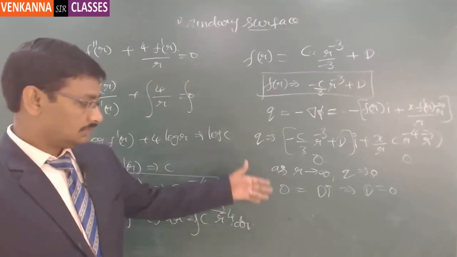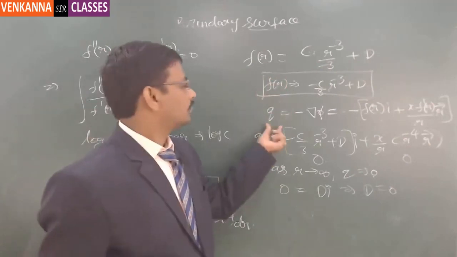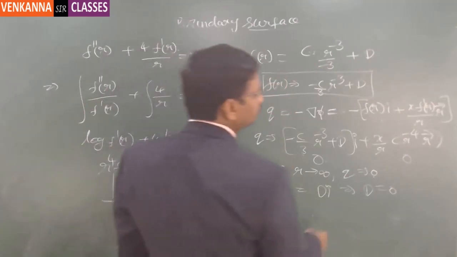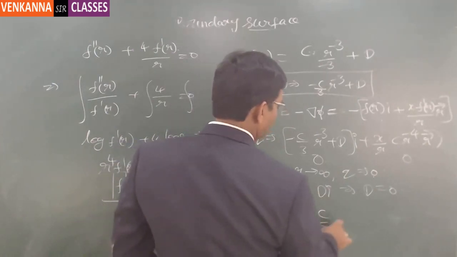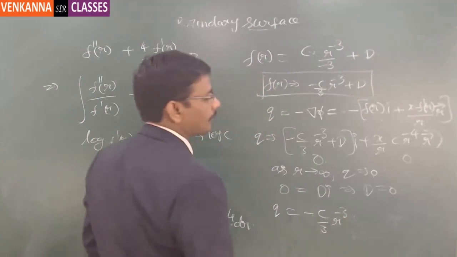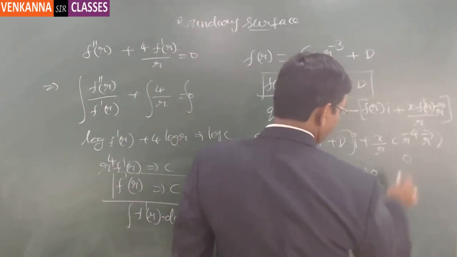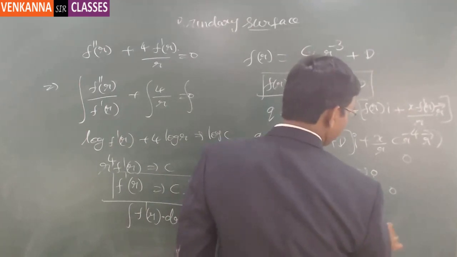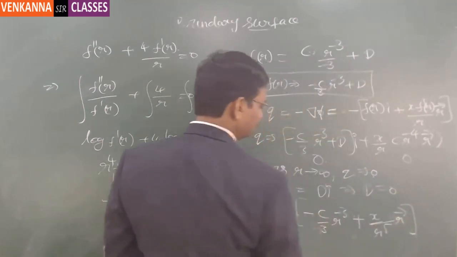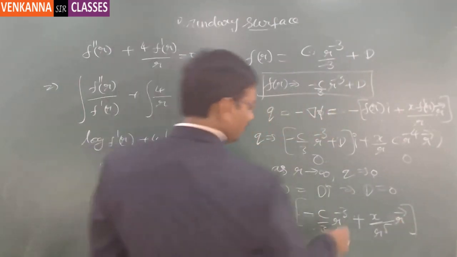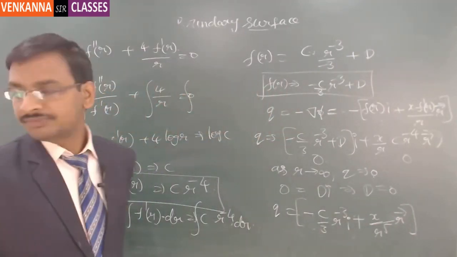Then substituting d equal to 0 in the q value, q is equal to minus c by 3 into r power minus 3 plus x by r power 5 into r bar, into i. So this is the velocity vector.